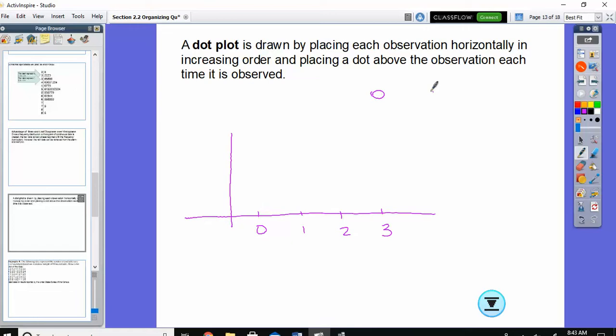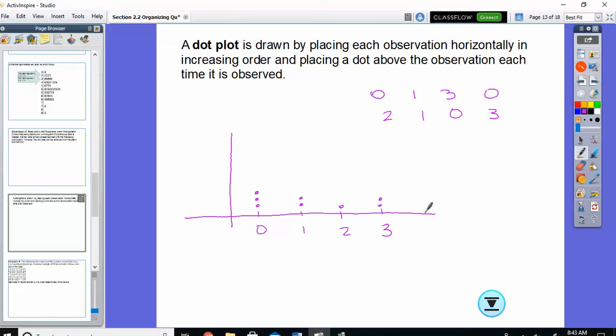Let's say my data was 0, 1, 3, 0, 2, 1, 0, 3. I have 3 zeros, so you just stack 3 dots on each other. We had 2 ones, I only had 1 two, and I had 2 threes. So you just stack the dots on one another to represent all of your points.